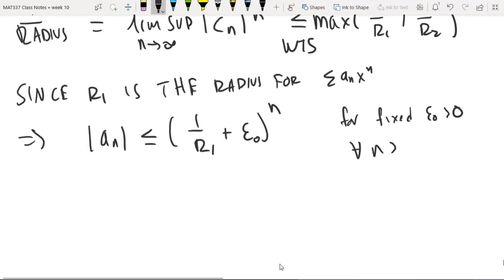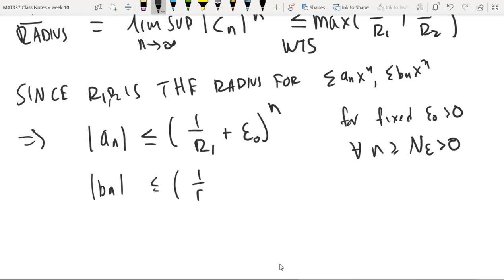And this holds for all n bigger than n_epsilon, and the same for b_n. But right, we do this, but in fact we can get it for all of them.